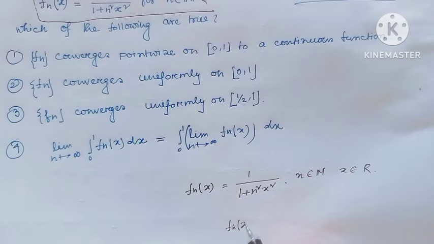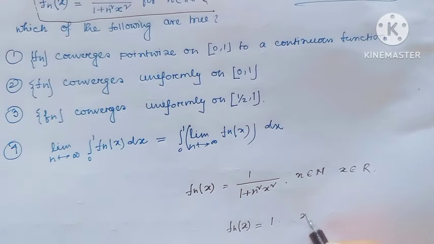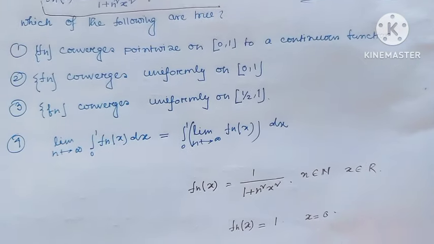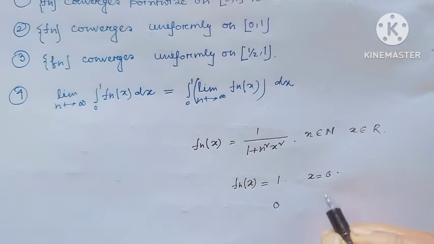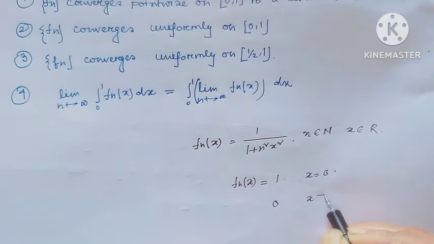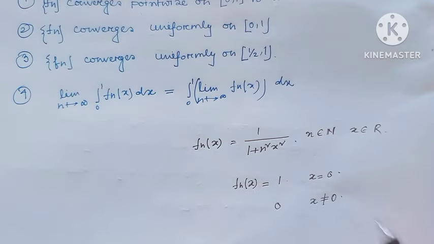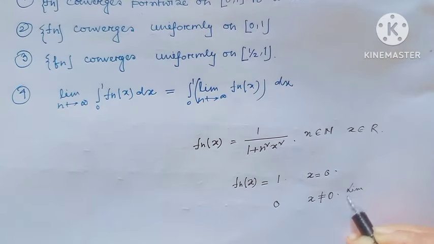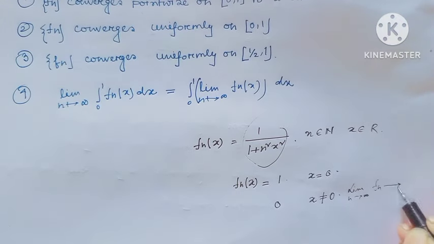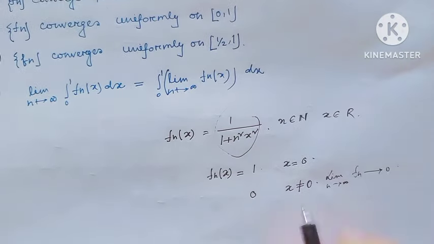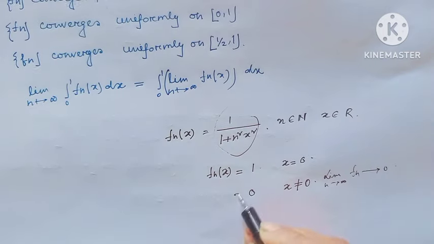Notice Fn(x) equals 1 when x equals 0, and 0 when x is not equal to 0, because as n tends to infinity, this value tends to 0. So when x is not equal to 0, the function goes to 0.